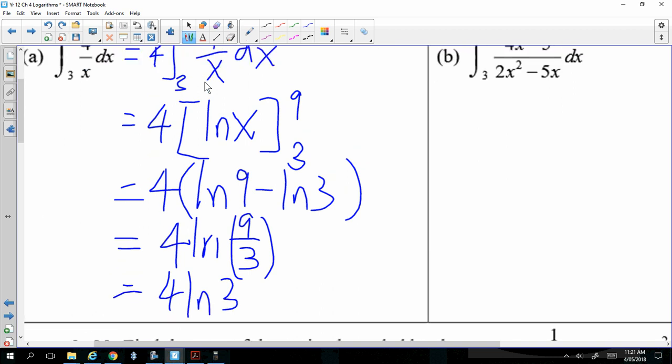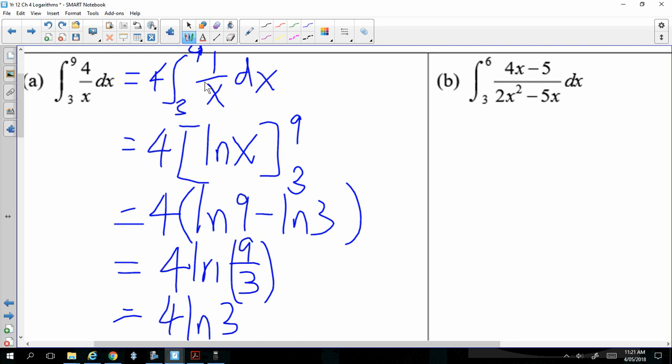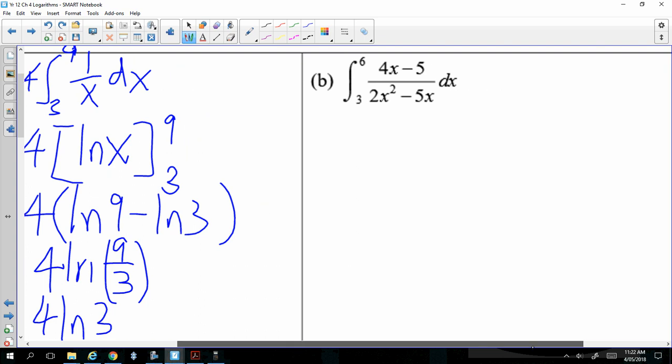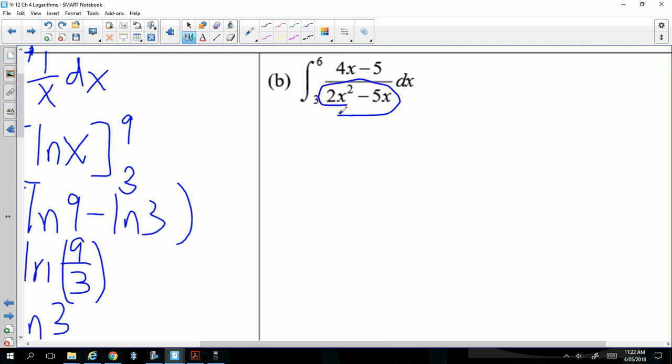Have a try. Alright, next one. It's a fraction with a more complicated denominator, so what you need to do is differentiate it. 2x squared minus 5x differentiates to 4x minus 5.